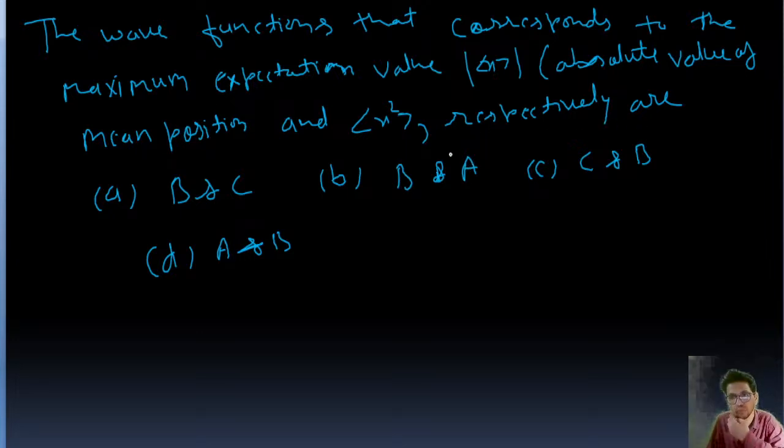So we have to select the wave function that corresponds to the maximum expectation value of mod of x and x square, that we need to find out. Okay, so I'll solve it.